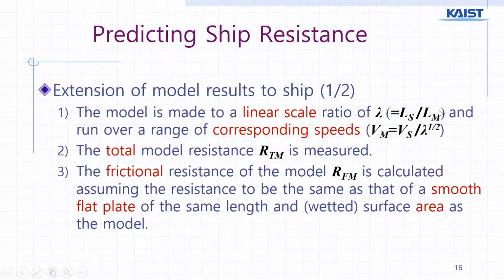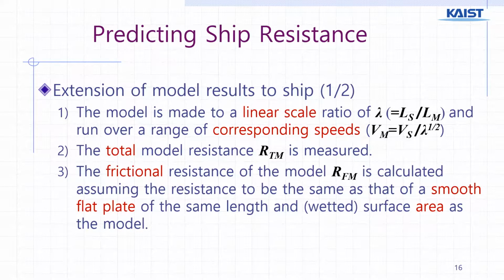In this building, the Eureka building, at the entrance, I showed you the picture in previous classes, there are two wood models used for real model tests. One is coming from Samsung company, the other one is coming from STX company. Usually they use a scale ratio of 20.